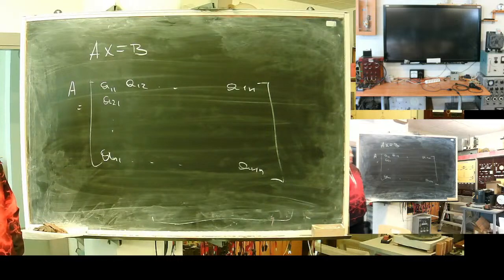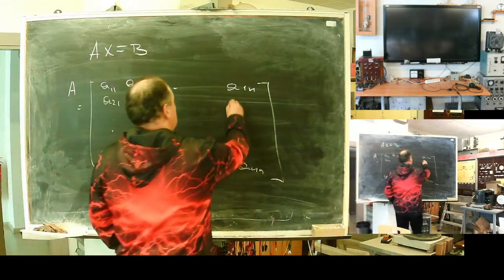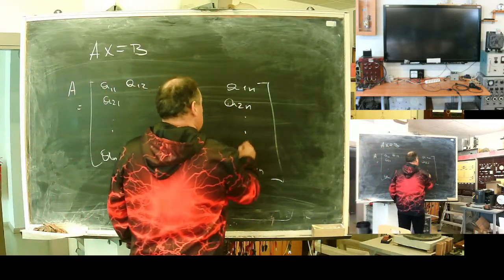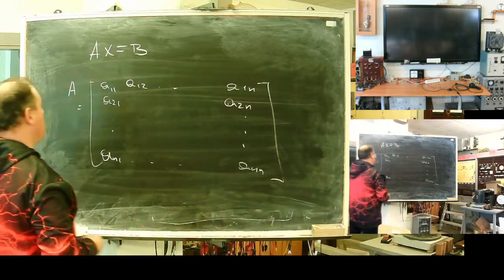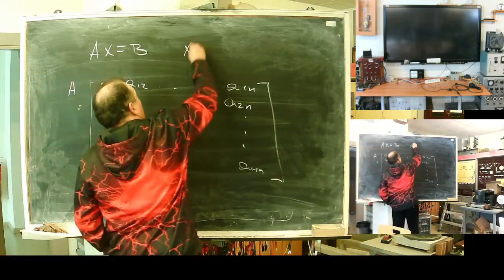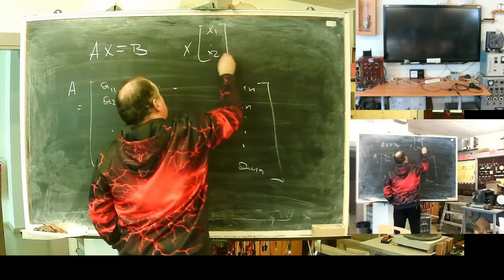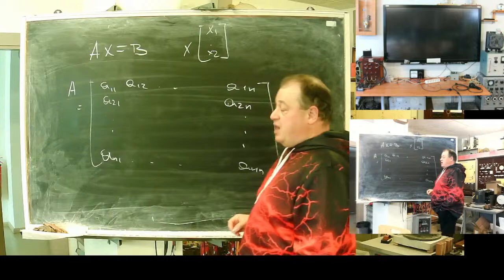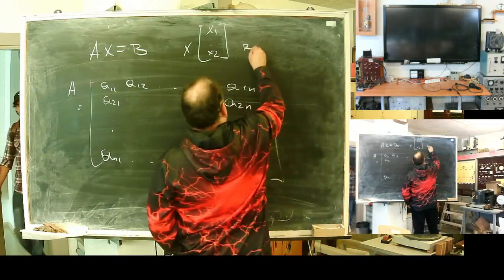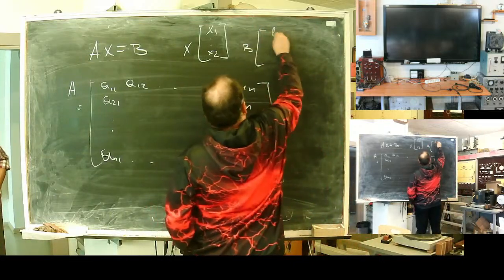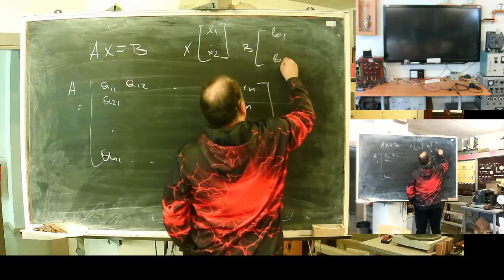Something familiar? X unknown will be X1, X2, and so on. In our case, voltages or currents, and B, free elements starting from B1 to Bn.